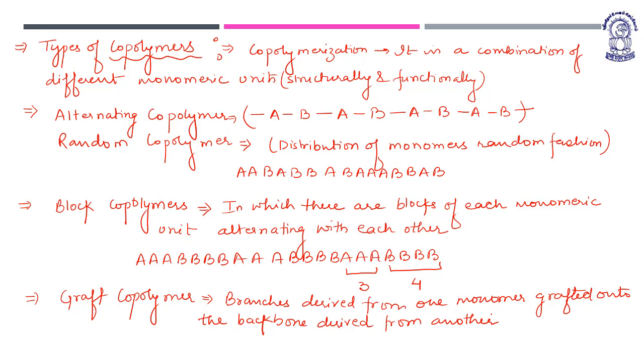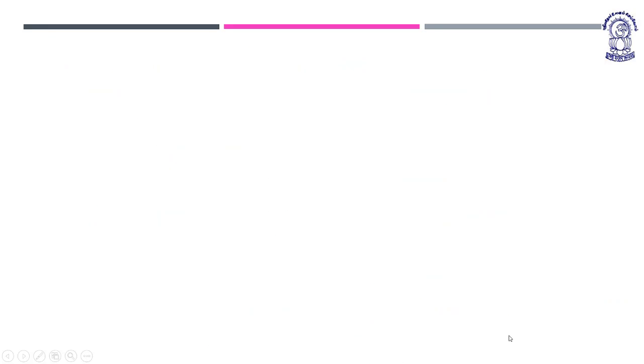When we add the branches of one monomeric unit on the polymeric backbone of the other monomeric unit. For example, we have a backbone of A, like this. This is homopolymerization. Then we introduce a branching of B, B, B, B, like this. So this is a graft copolymer. Now, after this, we are going to discuss the synthetic rubbers.